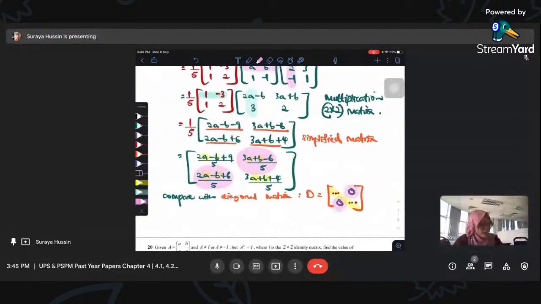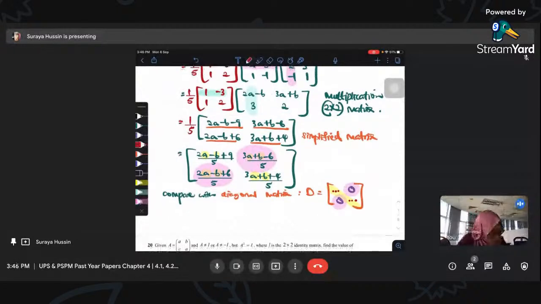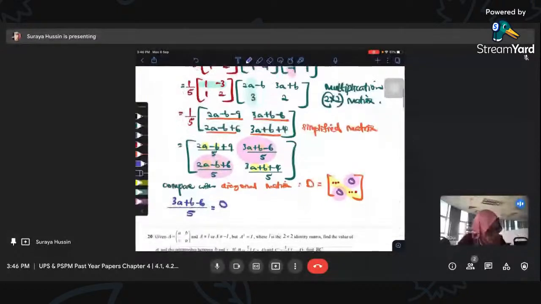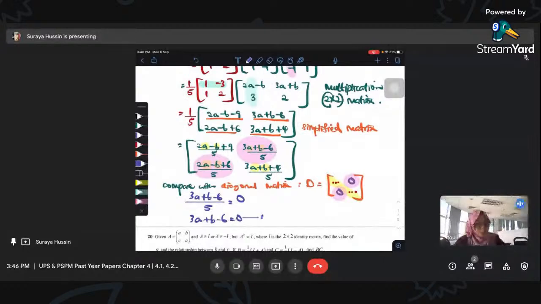That is the meaning of trying to get the value of A and B. So, dapatlah equation yang pertama, iaitu 3A tambah B tolak 6 bahagi 5, it will be equal to 0. Therefore, your 3A plus B minus 6 is equals to 0 will be your first equation.